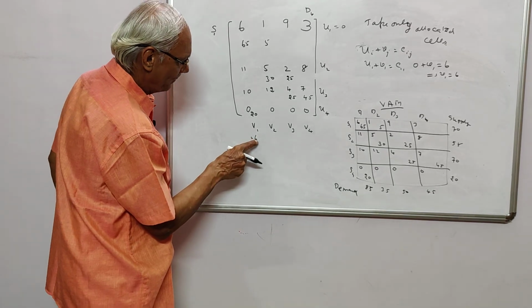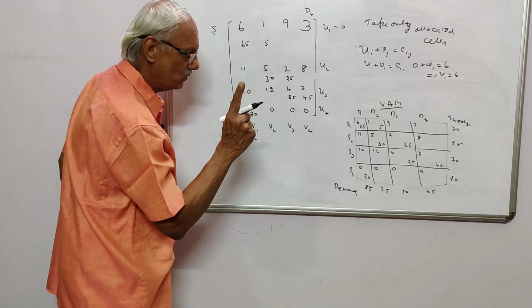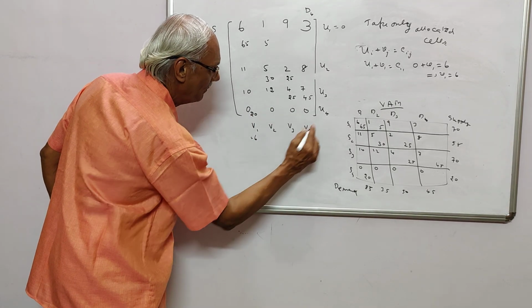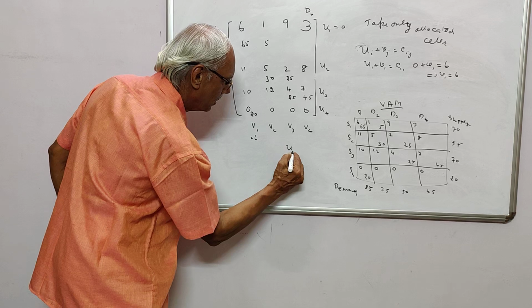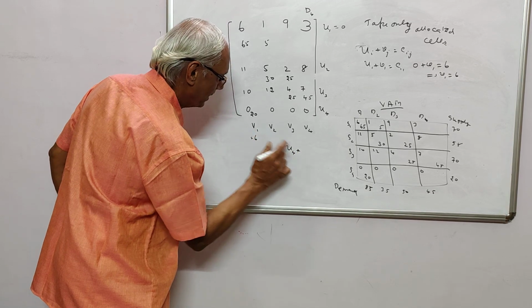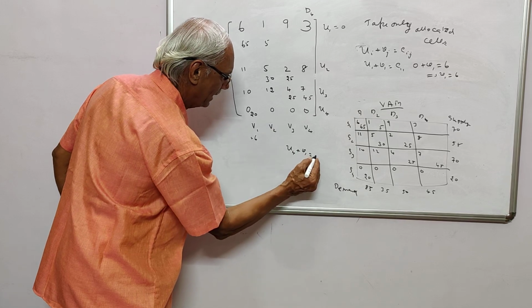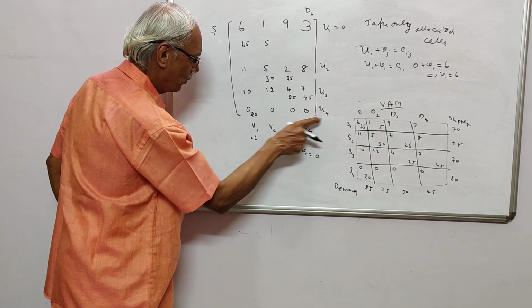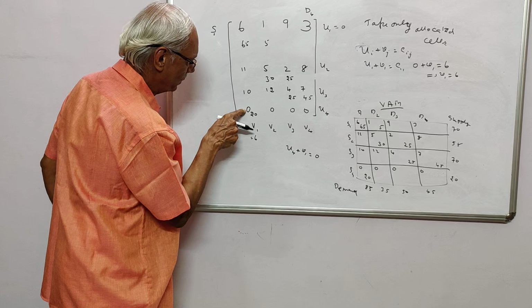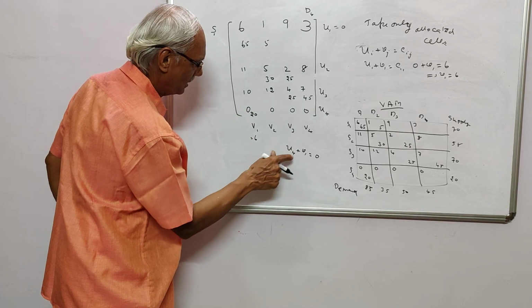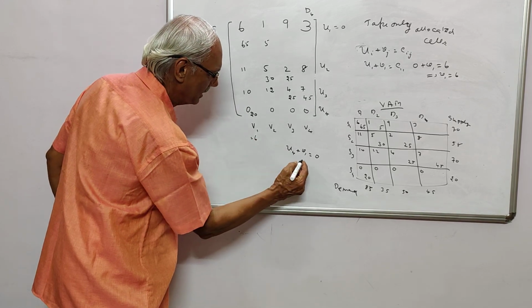Now when this is 6, see what you will have: u4 plus v1 is equal to 0. What is the value of v1 you have got? 6.